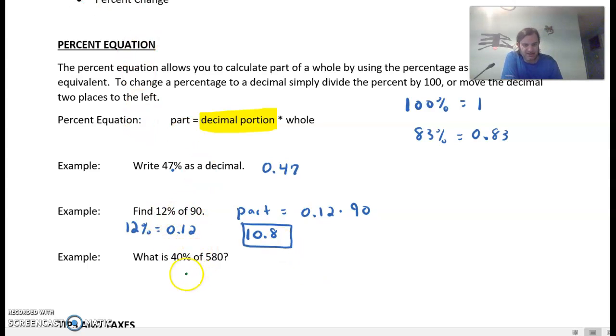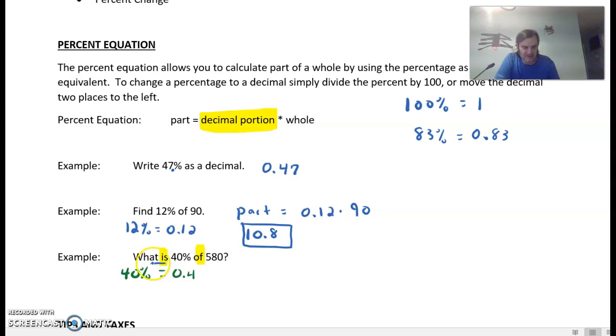Okay. The next one, what is 40% of 580? So again, we can move that decimal 2 places. 40% would be 0.4. So going back to before, we can still use the same idea of is and of, if you're trying to figure out the part and the whole.